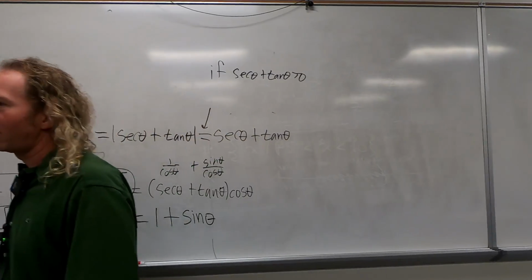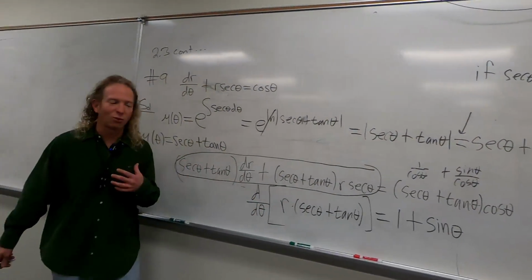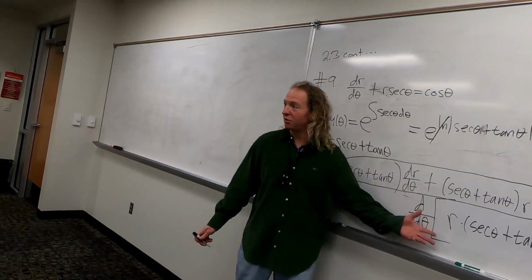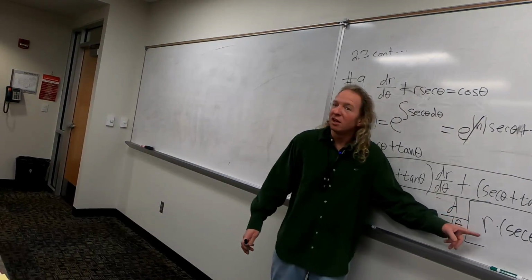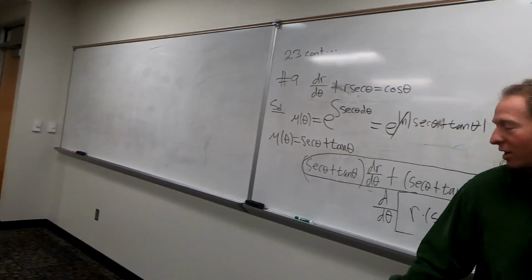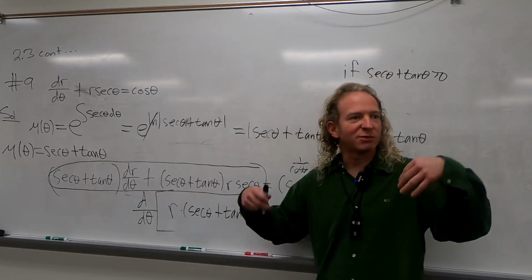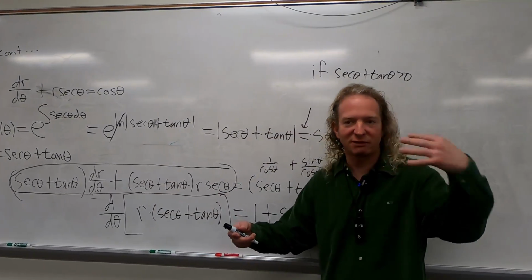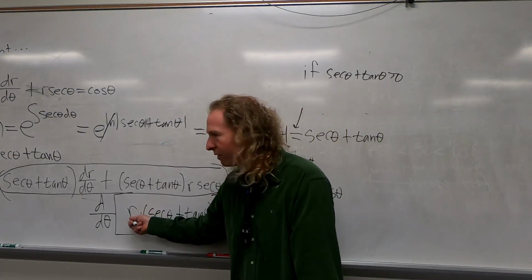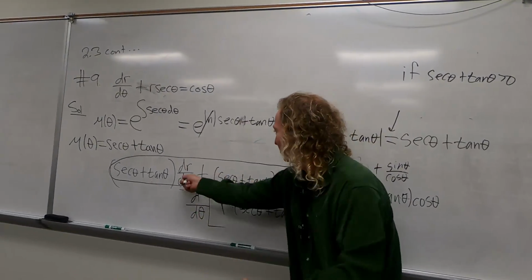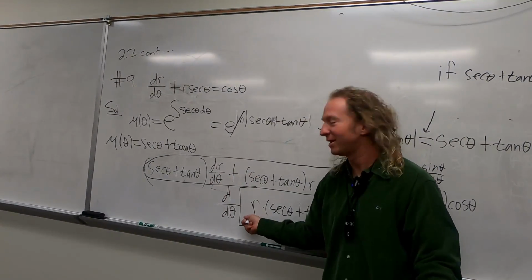We should check this. I neglected to check it because I didn't feel like it. You don't have to check it, but you can, so let's do it. It's a little bit harder to check. You can check this using the product rule. Remember, it's the derivative of the first times the second plus the first times the derivative of the second. So the derivative of the first is dr d theta, times the second.